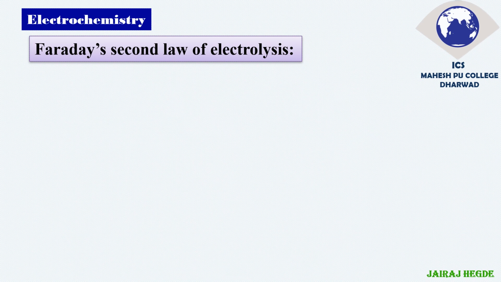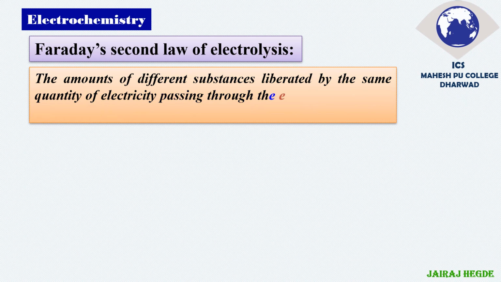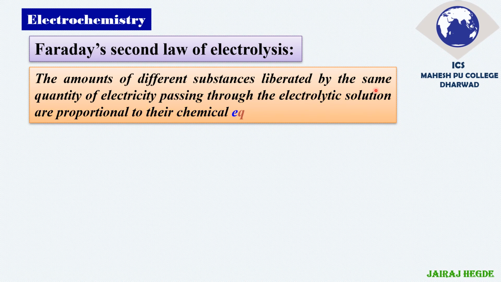Let us understand Faraday's second law. It is also quite important. The statement goes like this: the amounts of different substances liberated by the same quantity of electricity passed through electrolytic solutions are proportional to their chemical equivalent weights.